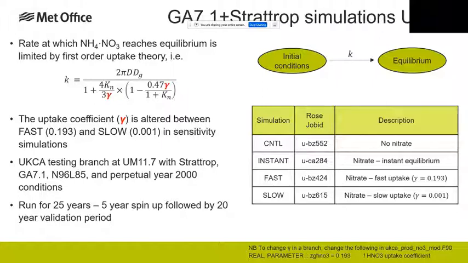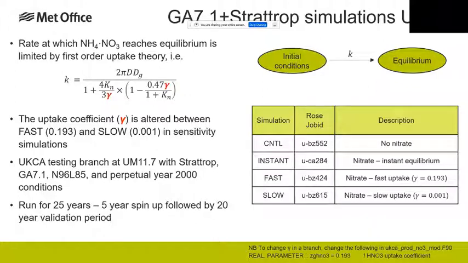The important parameter in this formulation is the gaseous uptake coefficient, which is not particularly well constrained by the observations. We know that for soluble materials like sulfate aerosol, it can get up to about 0.3, whereas for black carbon and dust, it's about 0.001.